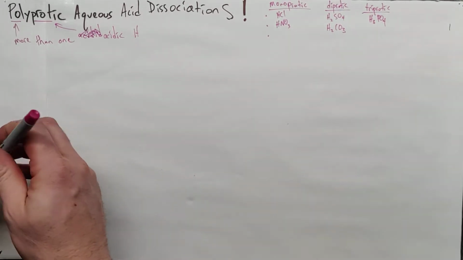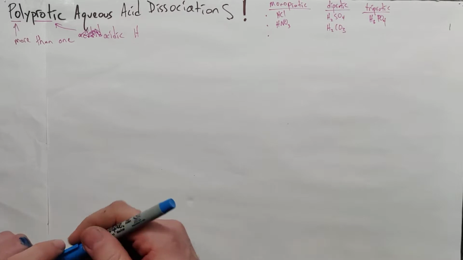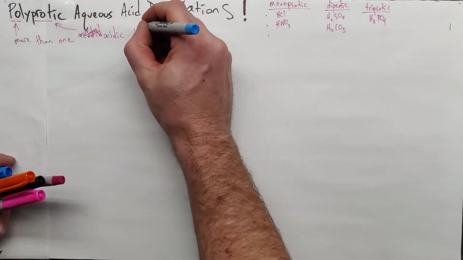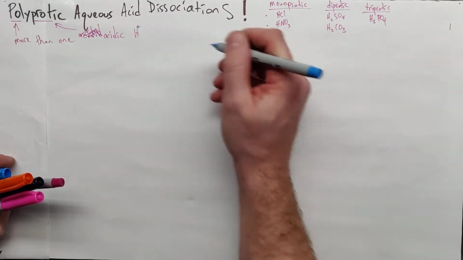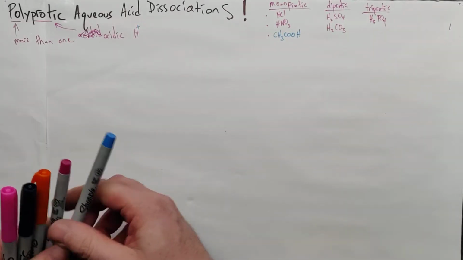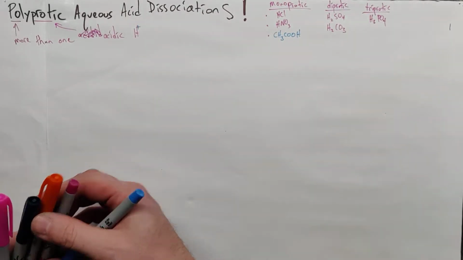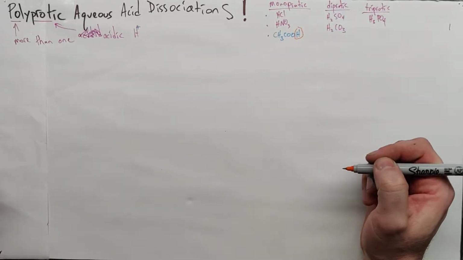Now, just because you have multiple hydrogens doesn't mean all those hydrogens are acidic, right? An example of that might be acetic acid, CH3COOH. It looks like there's four H's because there are, but they're in different locations, and it's just that last hydrogen that is the acidic hydrogen. It's only monoprotic.